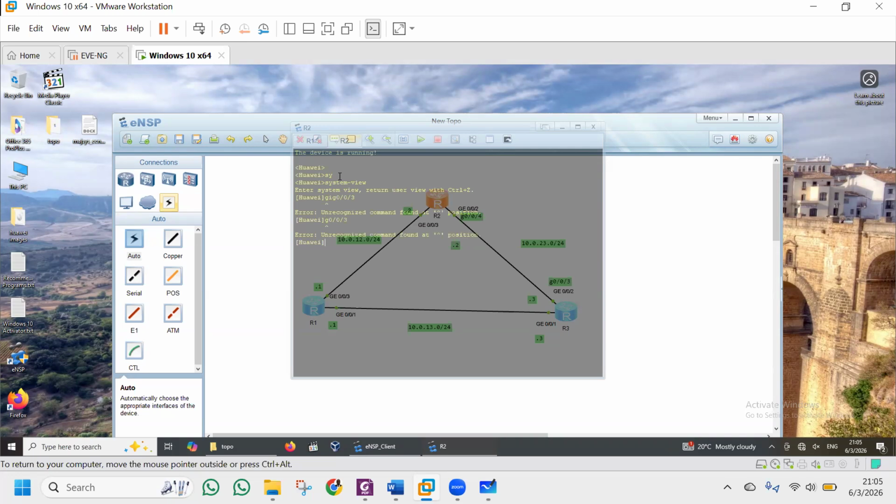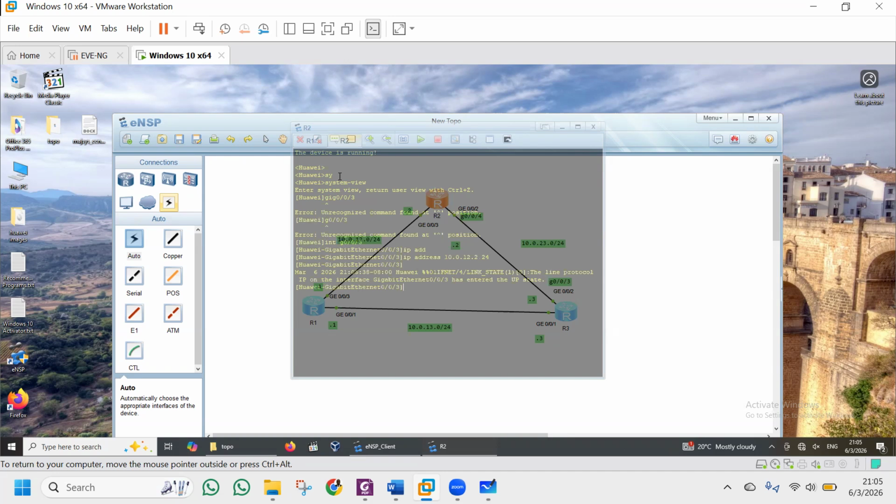Interface 0/0/3, the address is .2: ip address 10.0.12.2, slash 24.